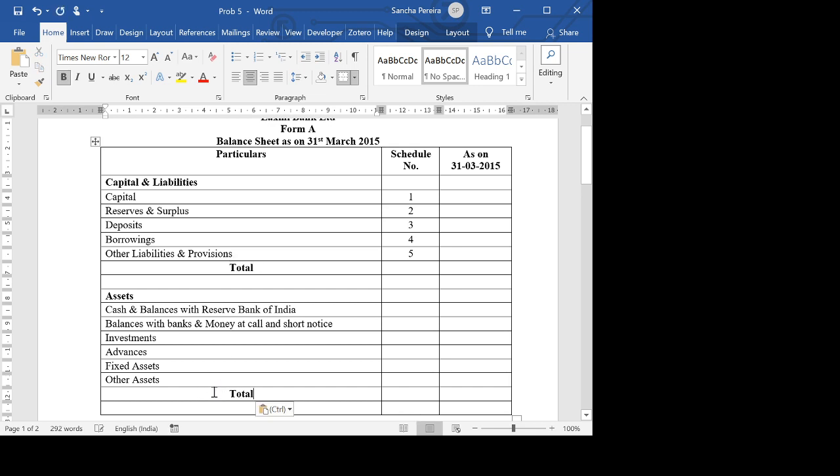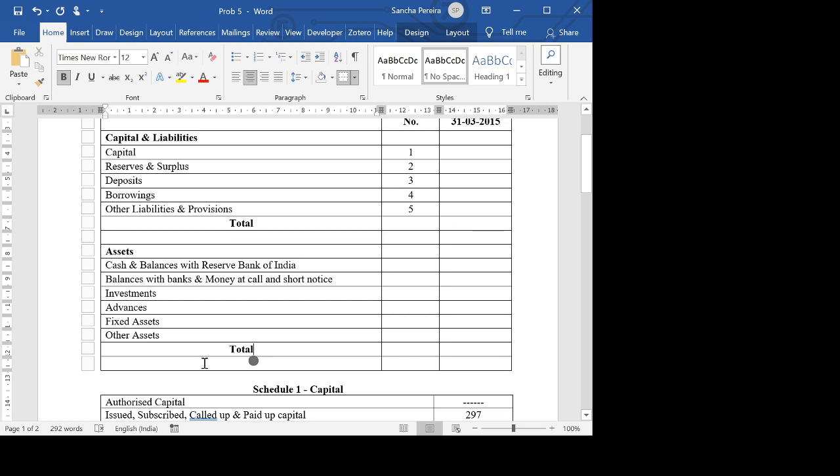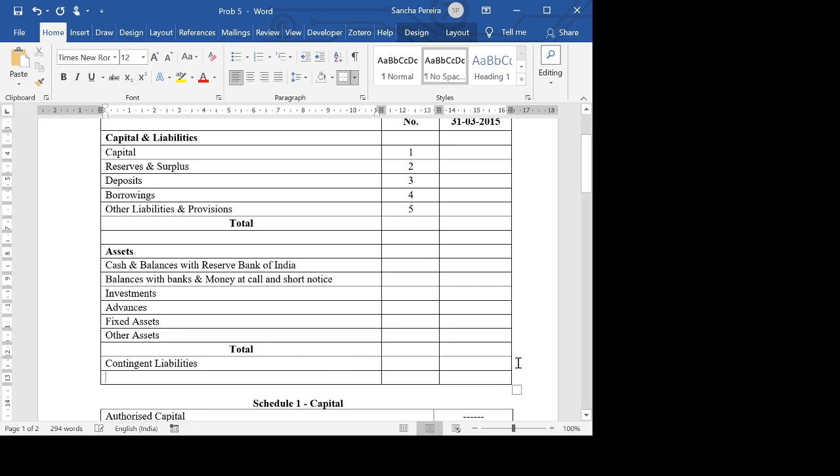Okay, and then below that we have contingent liabilities and bills for collection.